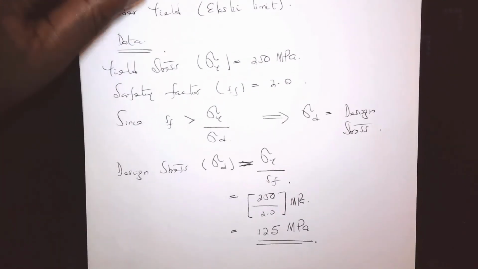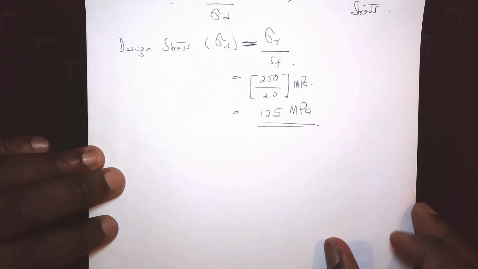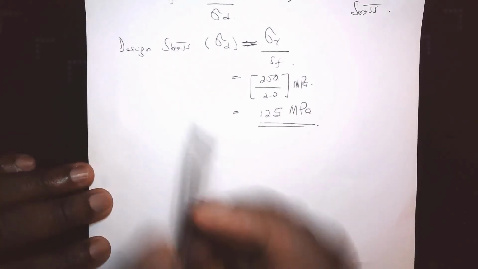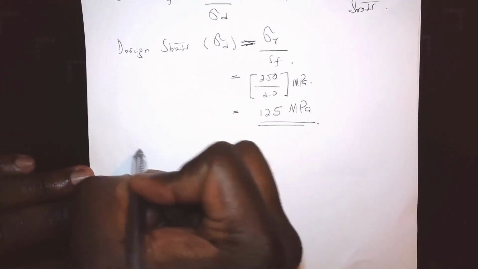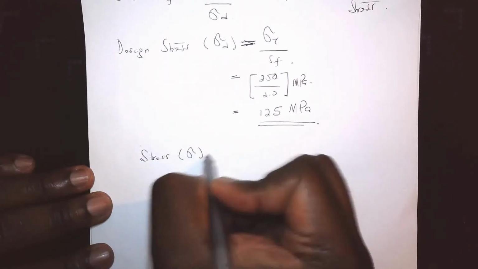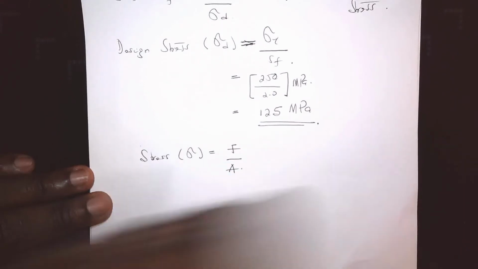We now have the information to work out what the diametric size of the bolt needs to be if we're assuming that the deformation needs to be within the elastic limit of the material. From first principles, stress sigma will be equal to the applied force divided by the area.